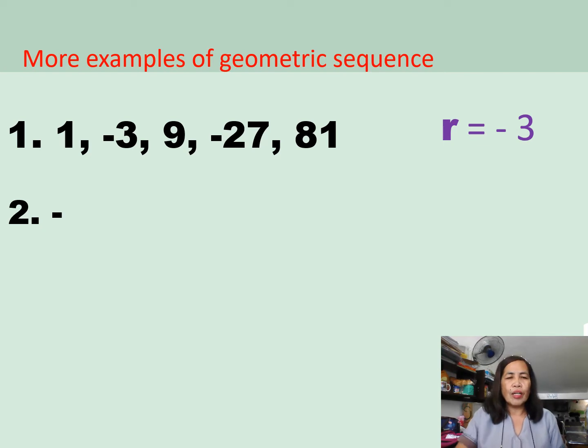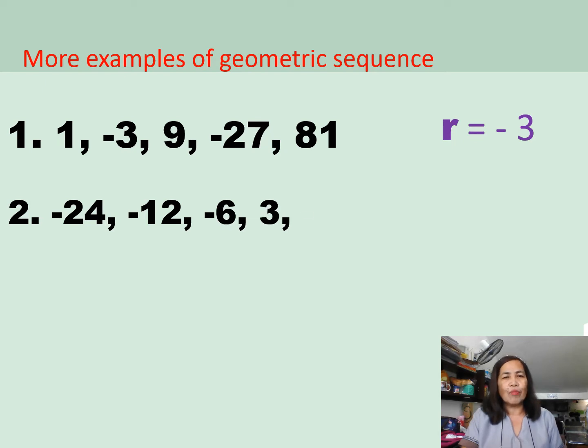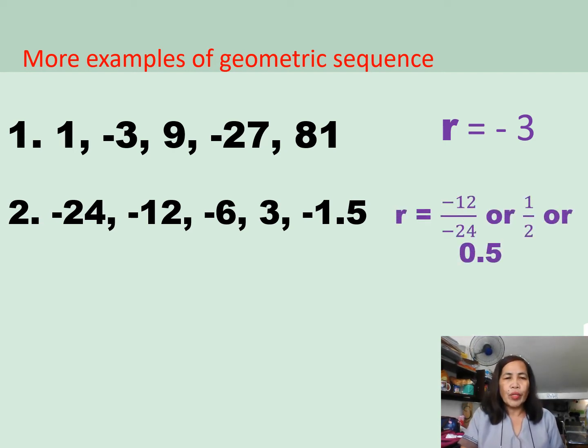Another, we have negative 24, negative 12, negative 6, negative 3, negative 1.5. So here R is equal to negative 12 over negative 24, or 1 half, or 0.5. That's one example.